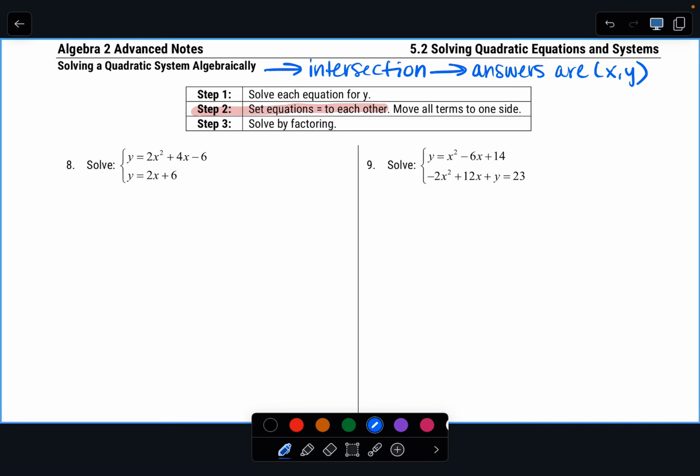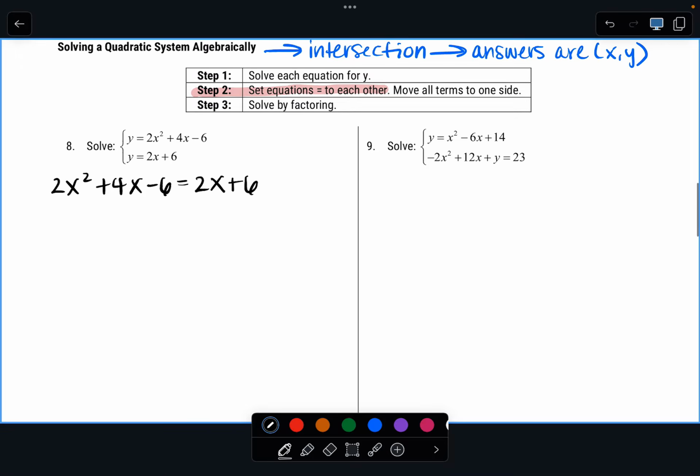So the first thing I'm going to do for number 8, we already have them solved for y. So I'm going to go in and I'm just going to set these two equations equal to each other. That's all I did. I took the first equation, I set it equal to the second. And then we have to move all of the terms to one side.